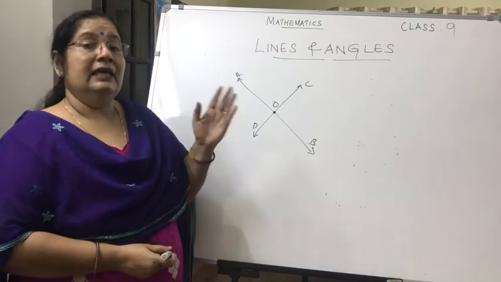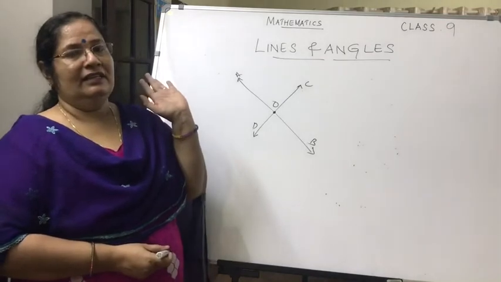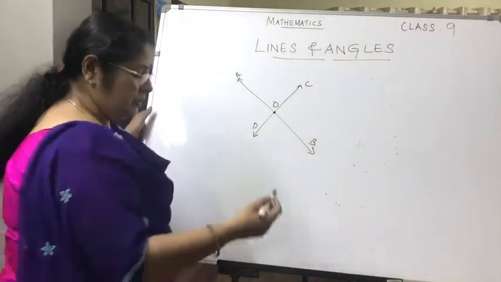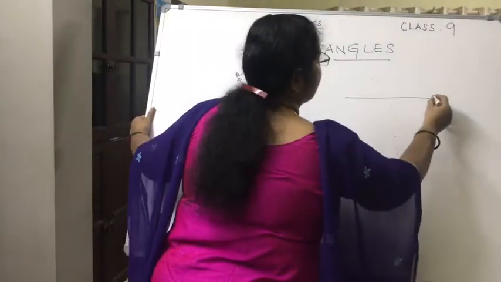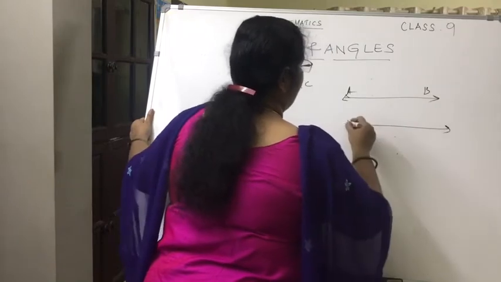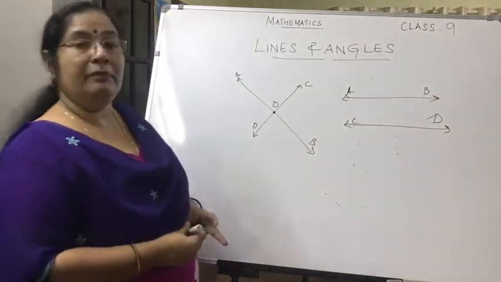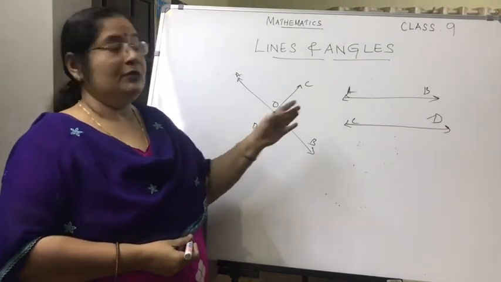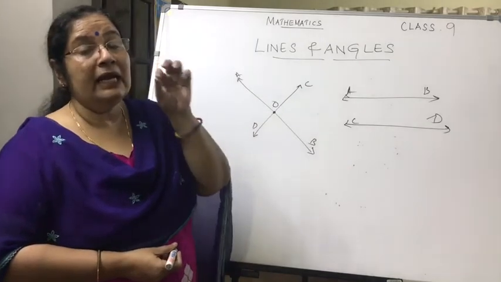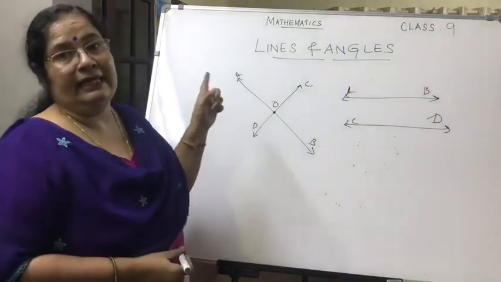And if two lines don't have any point common, then the lines are called parallel lines. So suppose you have the lines AB and CD drawn like this. Are they having any point common? No. So AB and CD in this particular case are parallel lines, and here it is intersecting lines.